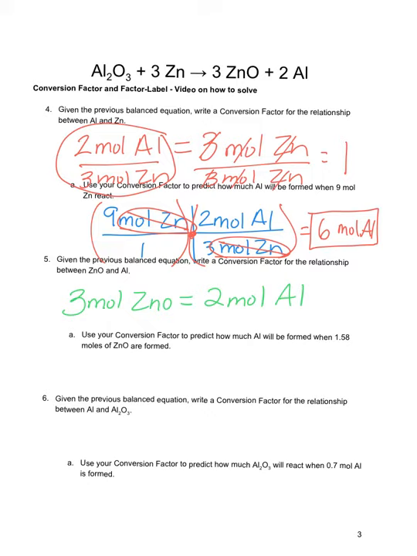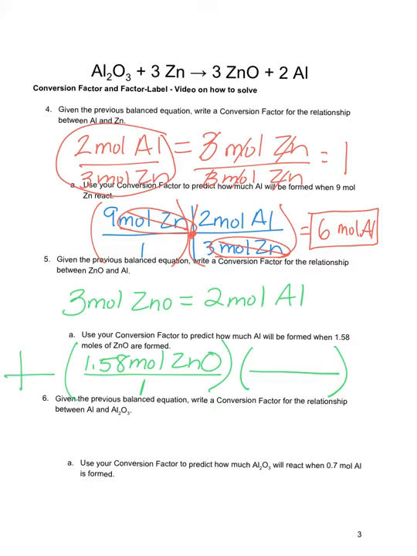Now it says how much aluminum will be formed when 1.58 moles of ZnO are formed. I'm going to do this one with parentheses and put the number 1 below just to show that the ZnO is on the top. Again, this is exactly the same as doing the train tracks. It's just another way to look at it.